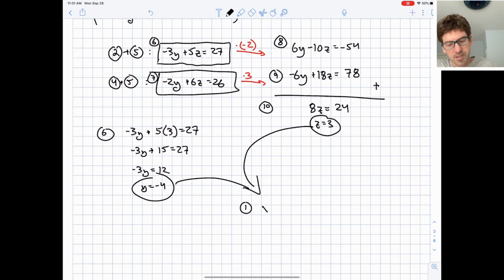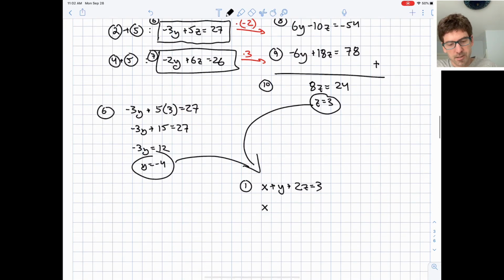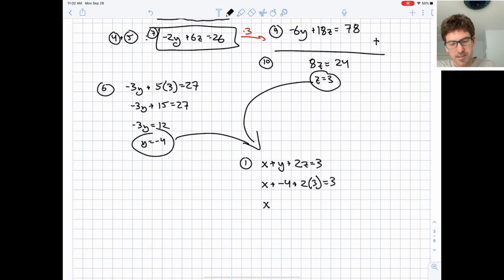So x is still unknown. y is negative 4. 2z is 2 times 3, and that all has to equal 3. So let's work on solving. x minus 4 plus 6 is plus 2, equals 3, so x equals 1.